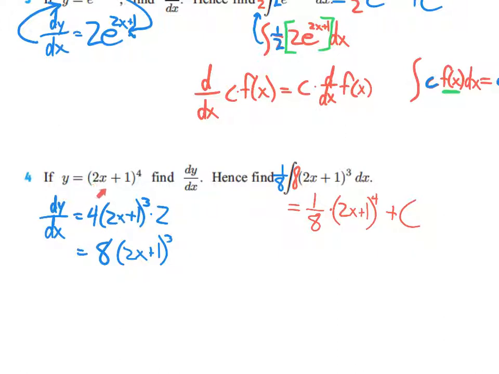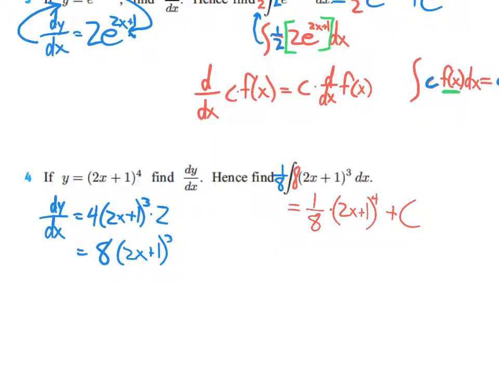So taking the derivative gets us from (2x plus 1) to the fourth down to 8 times (2x plus 1) to the third. So if I'm taking the integral of 8 times (2x plus 1) to the third, that's going to take me back to (2x plus 1) to the fourth.